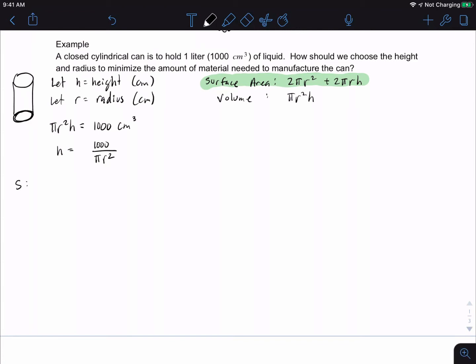So the surface area is equal to 2 pi r squared plus 2 pi r, but instead of h, I'm going to put 1,000 over pi r squared. Are we okay with that? Just a simple substitution of the green highlighted equation that I gave, right? Okay, so cleaning that up, the surface area is equal to 2 pi r squared plus 2,000 over r. Are we okay with that?